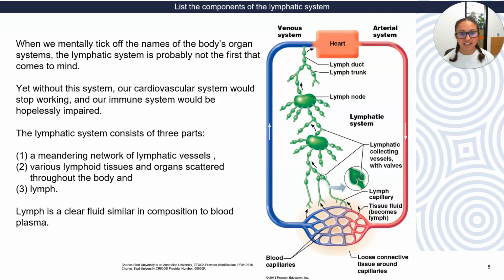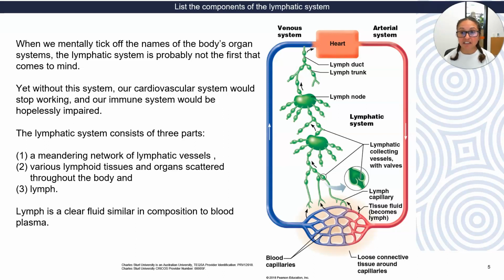And as you can see in the picture, it works alongside the circulatory system. So you've got your blood vessels, but the lymphatic system works together with those blood vessels, and they play a very, very important role. Okay, so they drain the fluid, remember?